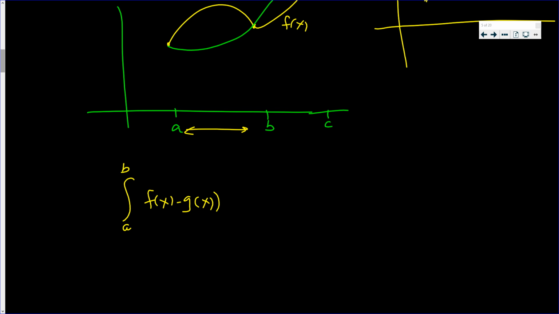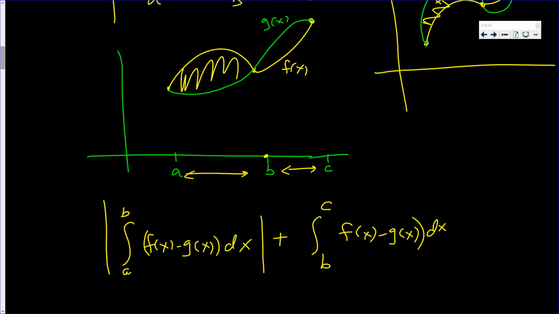Now, they intersected at b. So let's now go from b to c. Integral from b to c. If you wrote f of x minus g of x, this would be right if the f function was on top. Oh, the f function's on top here, so you have that one.